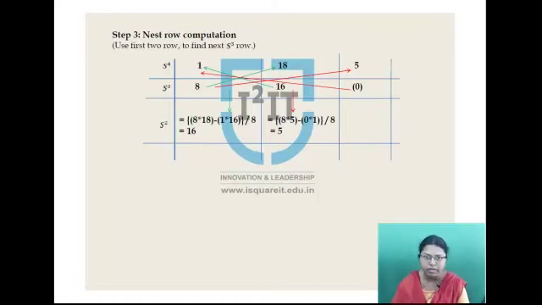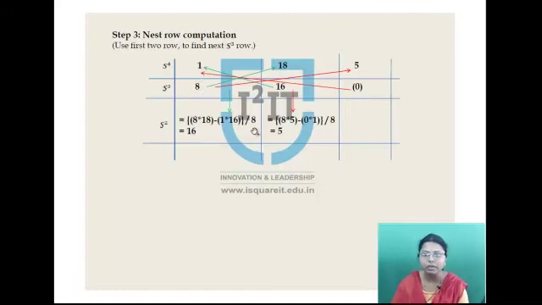Now how to do that? We'll see only the first element here, the first column. In the s² row, the first column element will be written with some diagonal multiplication. What is the diagonal multiplication? We have to do the multiplication in such a way that 8 into 16 minus 16 into 1, and this whole divided by the number here, that is 8.